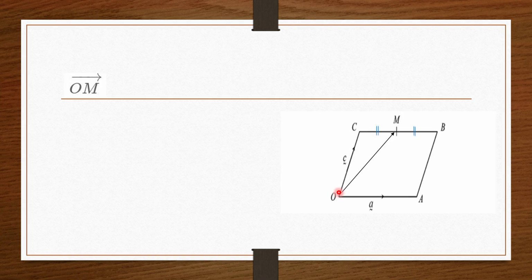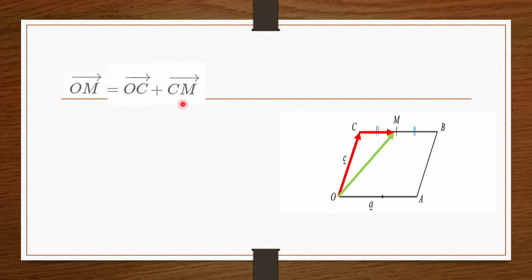The first one will be from O to C and then C to M, or the second route will be from O to A, then B, then M. In this case, I'm going to choose the first route, traveling from O to C and then from C to M. Therefore, it is written as OC plus CM in order to get OM.